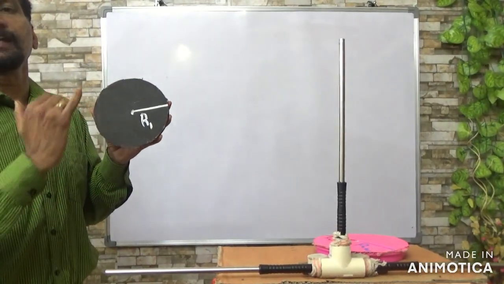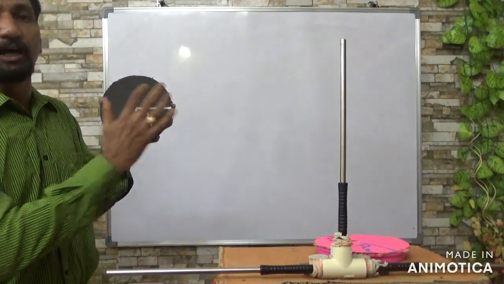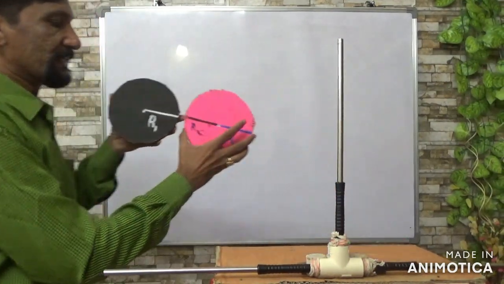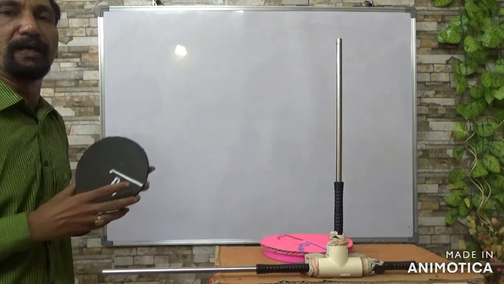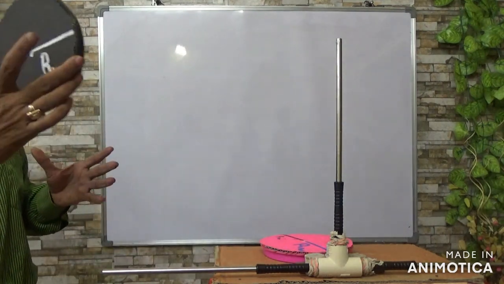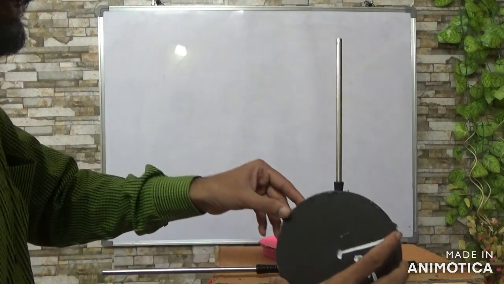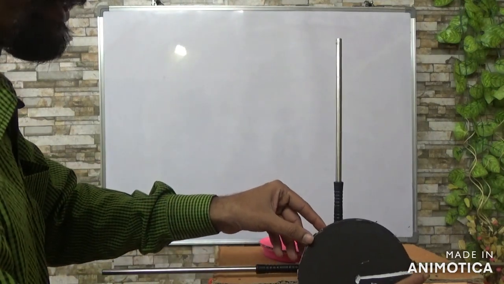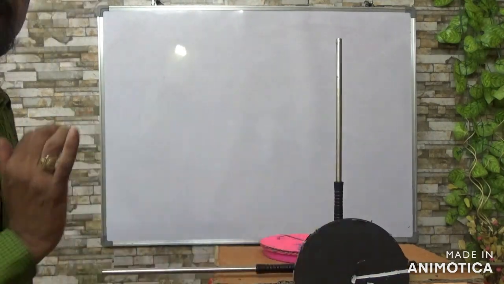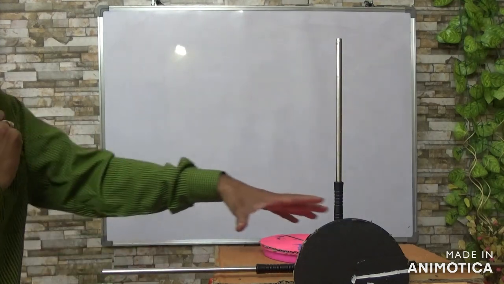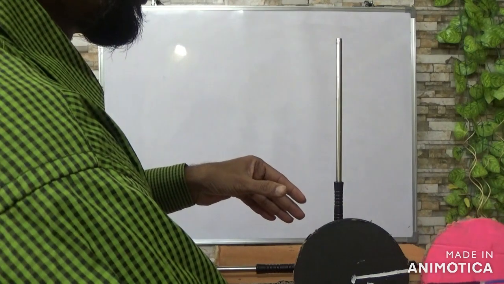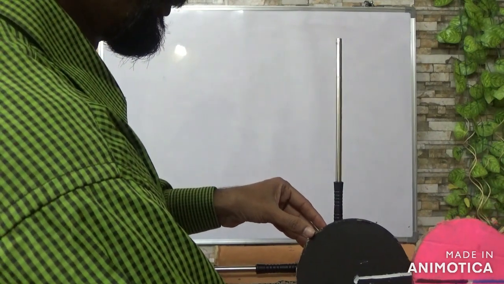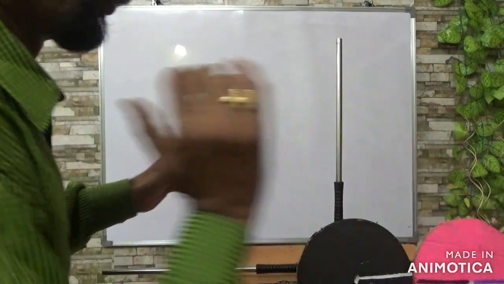Now we are adding a disk of radius r1 to another disk of radius r2. How to find the center of mass? The first disk is placed at the origin such that the center of the disk coincides with the origin. You are taking another disk of radius r2.